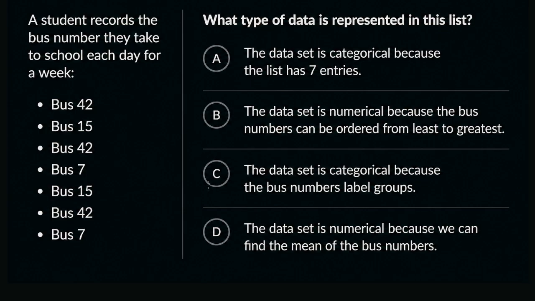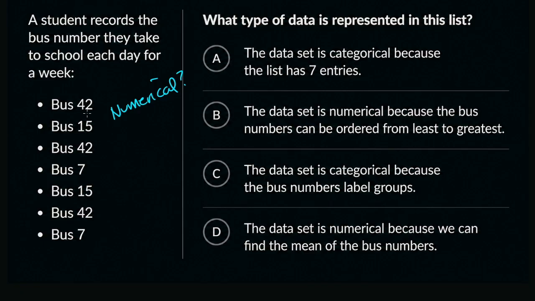Okay, before I even look at the choices, it's tempting to think, well, I see a bunch of numbers here. Maybe this is numerical data. Now, the key between categorical and numerical data isn't whether it's just words or numbers. It's whether those numbers are actually quantifying or measuring something.